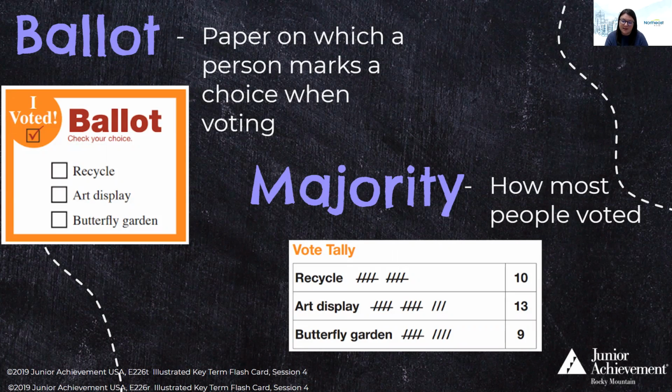Once everyone has submitted their ballots, votes are counted. The majority of the votes is how most people voted. In this example, most people voted to add an art display to their school. So you see that the recycle had 10 tallies, the art display had 13, and the butterfly garden had 9.